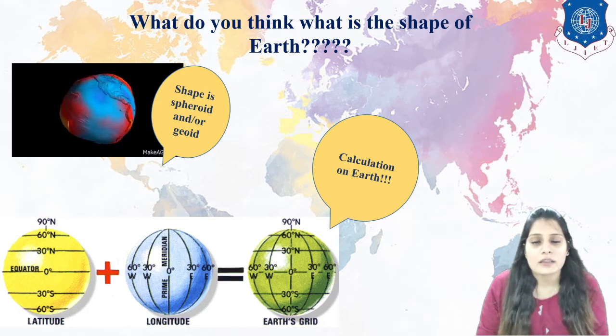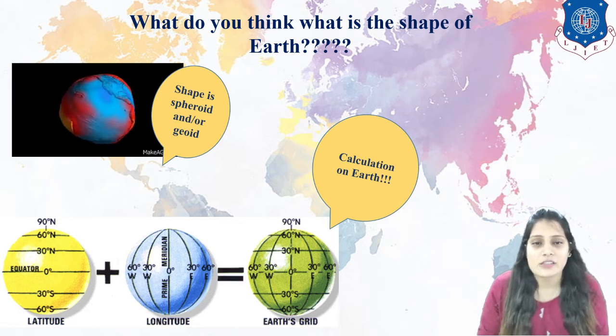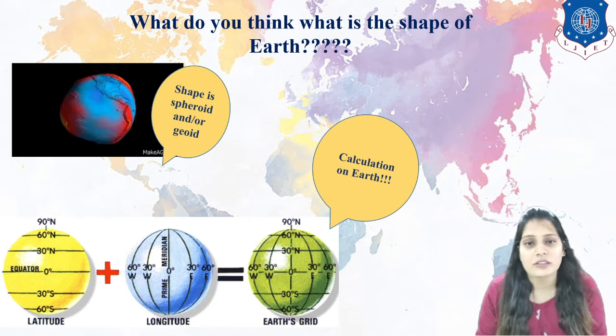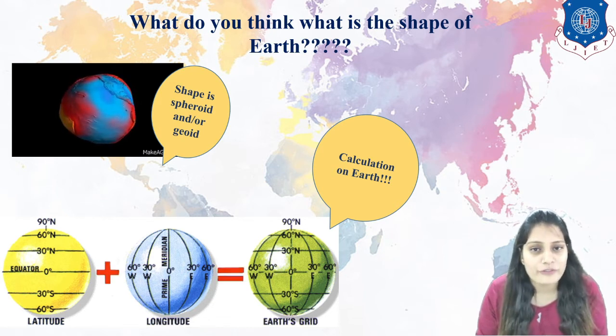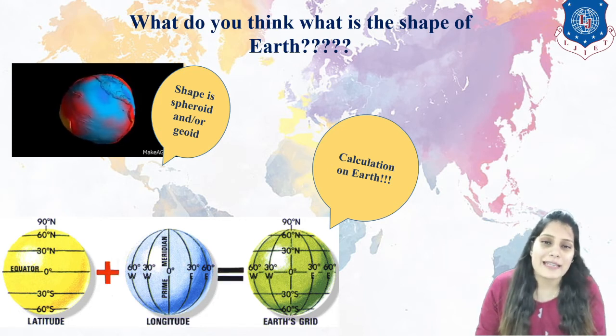Now the major question comes here, the shape of Earth. I have said the shape of Earth is spheroid, circular, round, ellipsoid, and here you can see the original shape of Earth. Can you see the moving shape of Earth? The Earth is rotating, moving. That is called the geoid. It is also spheroid.